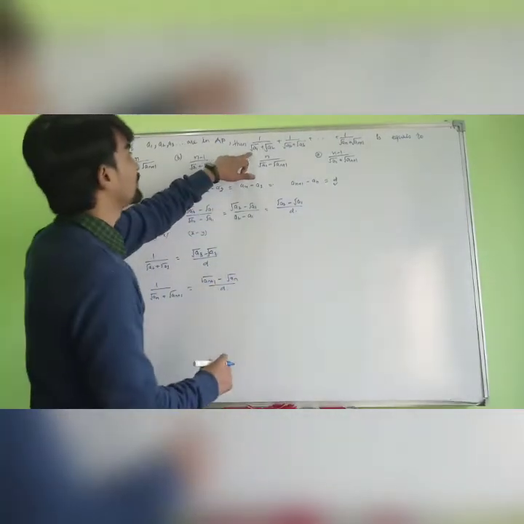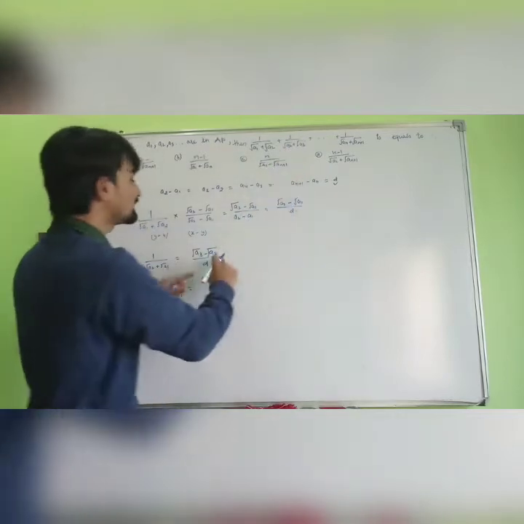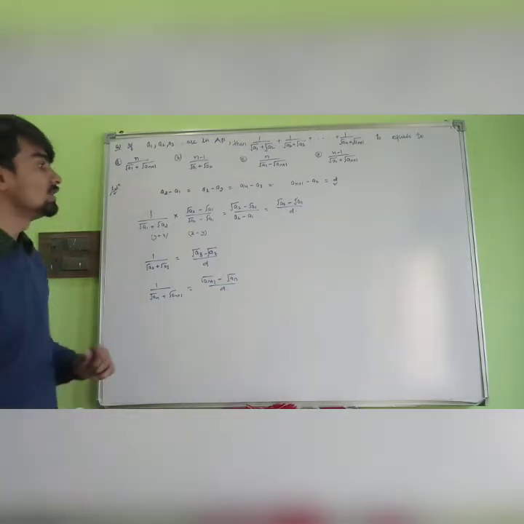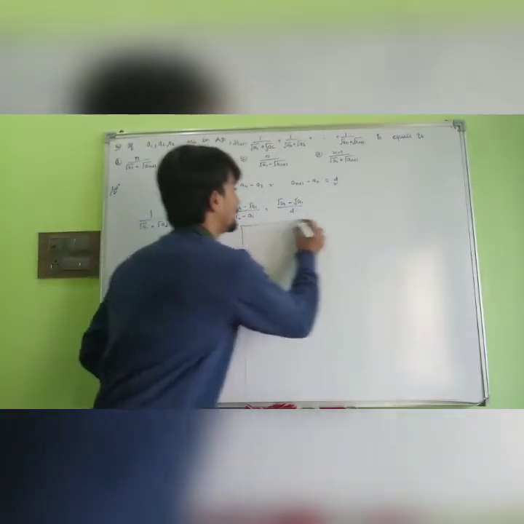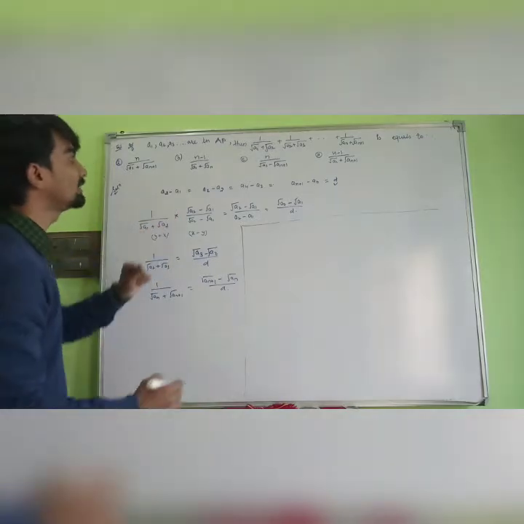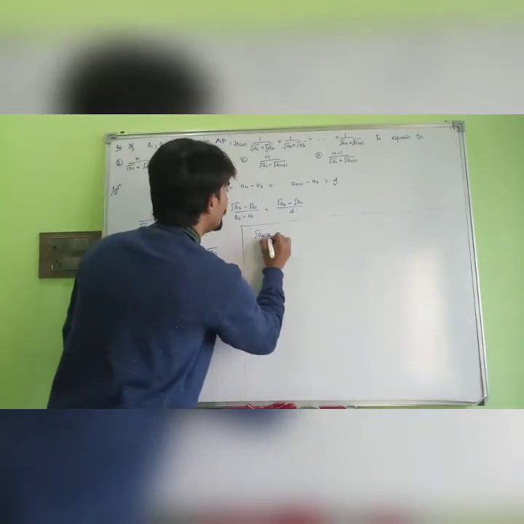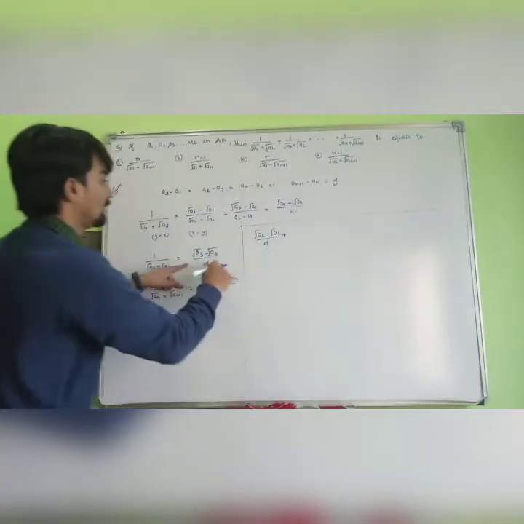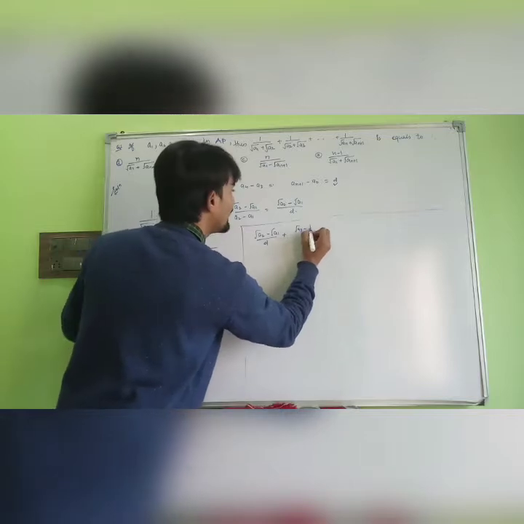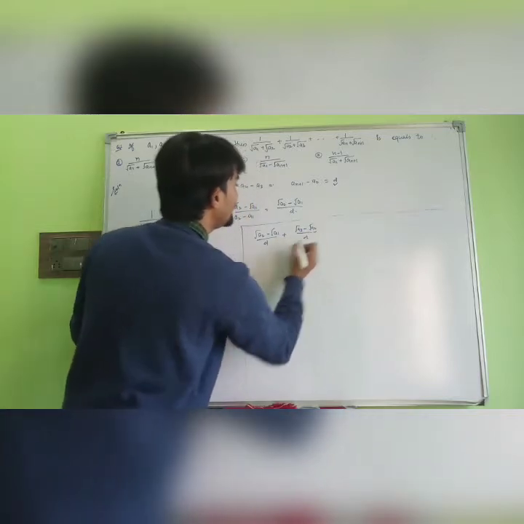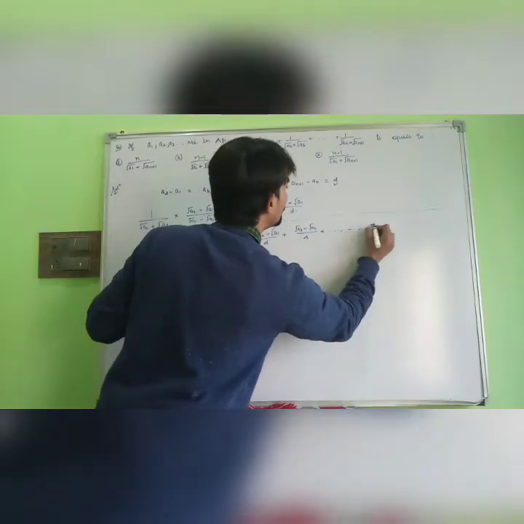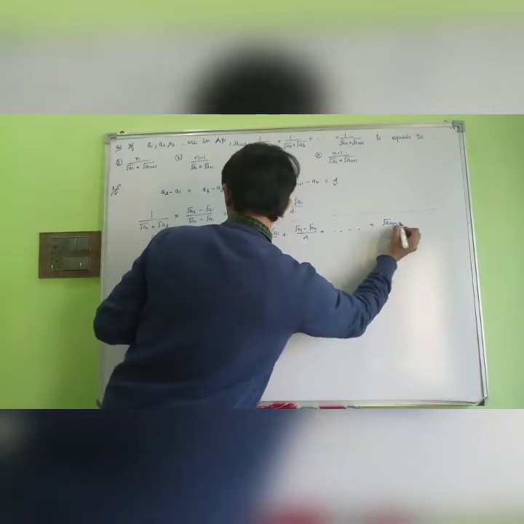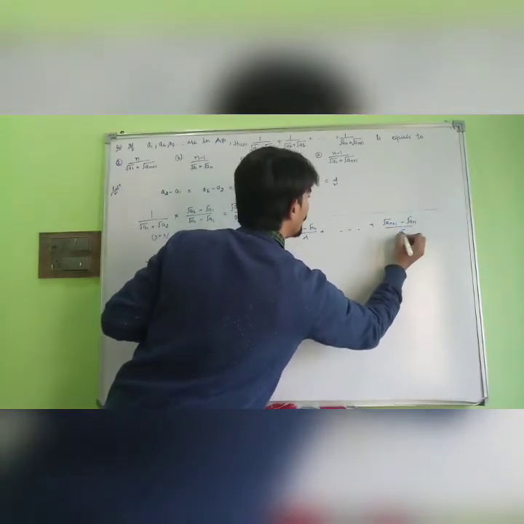Okay, so if we put these values in the series, we will get root a2 minus root a1 over d plus root a3 minus root a2 over d, plus and so on, plus last term is root an+1 minus root an over d.